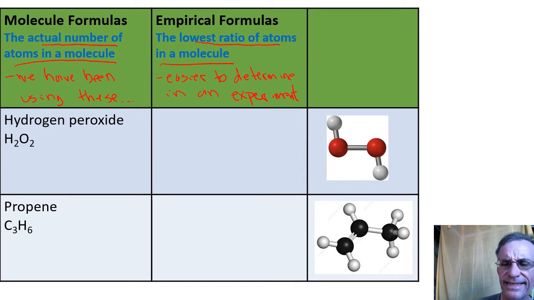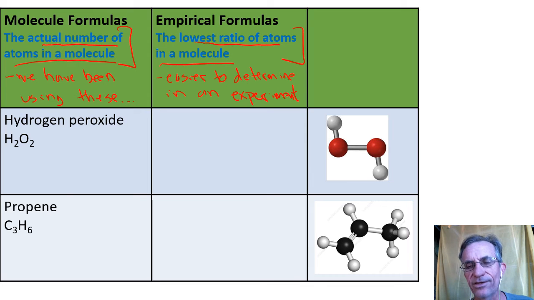All right, so before we get to any of that, let's just do a few examples. Molecular formula versus empirical formula. Again, actual number of atoms in a molecule compared to the lowest ratio of atoms in a molecule. So an example would be something like hydrogen peroxide. Hydrogen peroxide, if you could see it, this is what you would see right here.